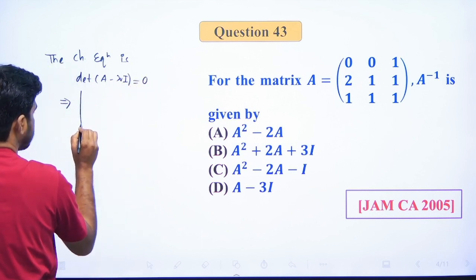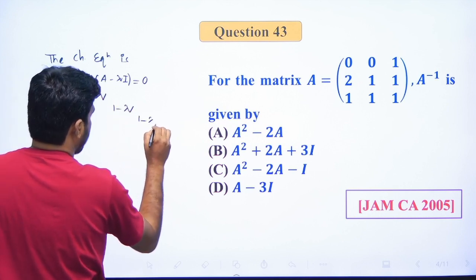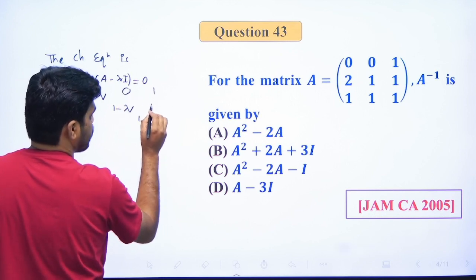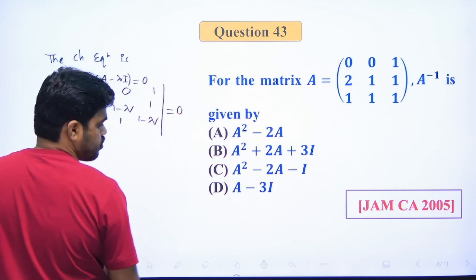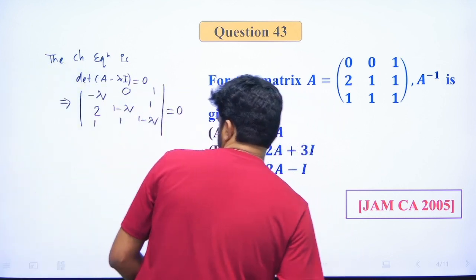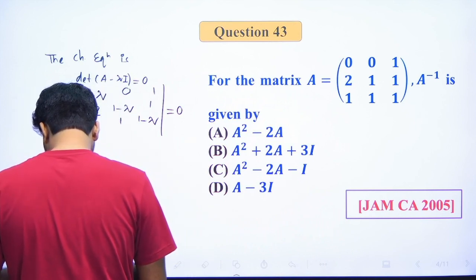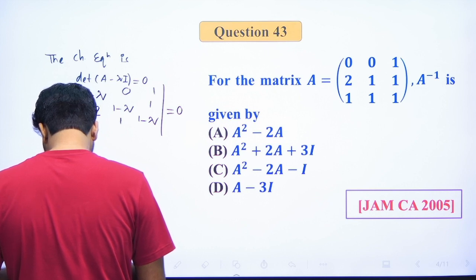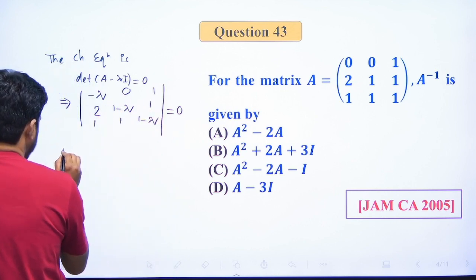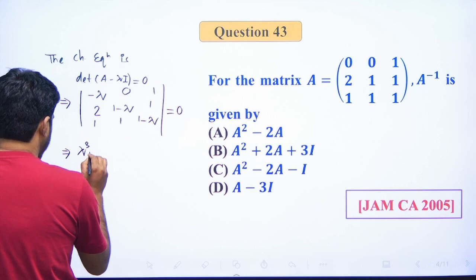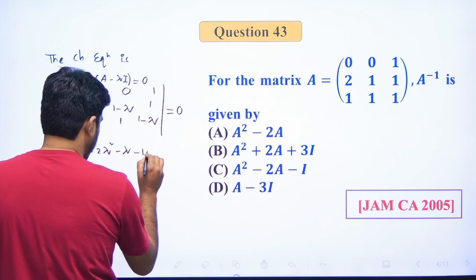So this implies determinant of the matrix with entries 0 minus lambda, 1 minus lambda, 1 minus lambda, 0, 1, 1, 2, 1, 1. So this is equal to 0, right? Now you can surely simplify this, right? If you simplify this, what do we get? You get lambda cube minus 2 lambda square minus lambda minus 1 is equal to 0.